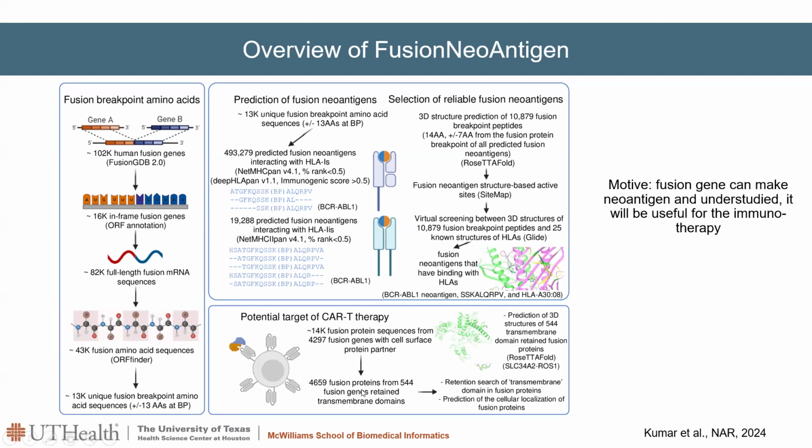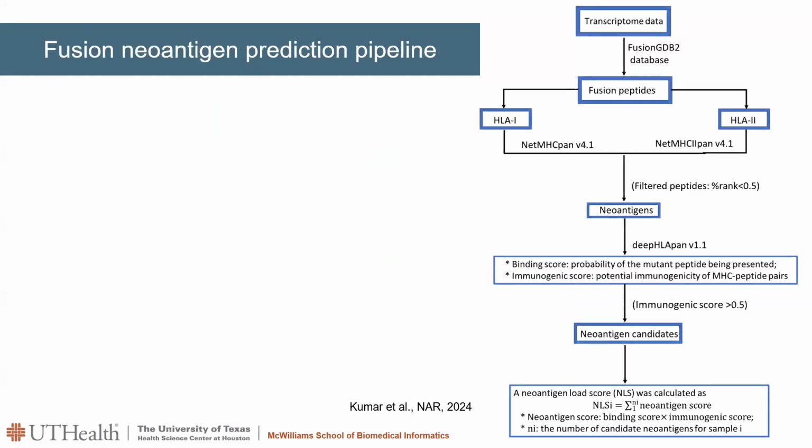From here, these proteins are from 544 fusion genes. They retained the transmembrane domain. For these, we predicted their structure. We are thinking this can be a target of CAR-T therapy.